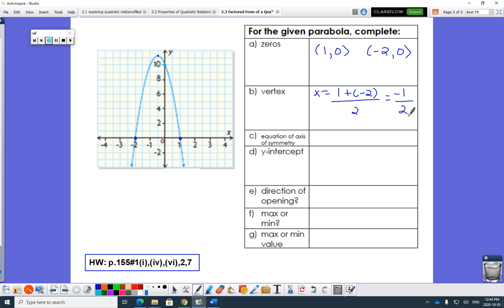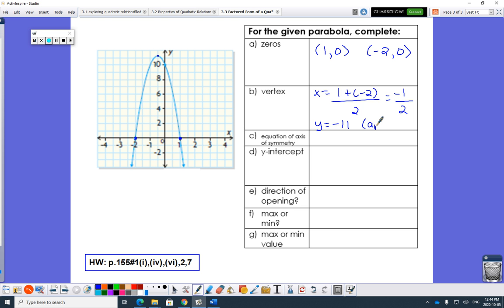Y is tough because we don't have an equation here. So it actually comes out to 11.25, but it's really hard to tell on your graph, so like above 11. Because you can't figure it out, I'm going to put 11, okay?